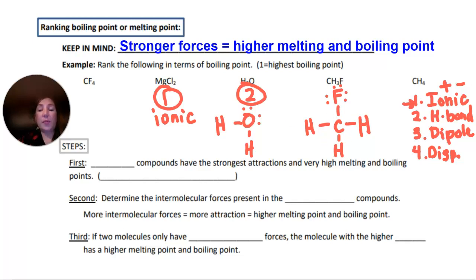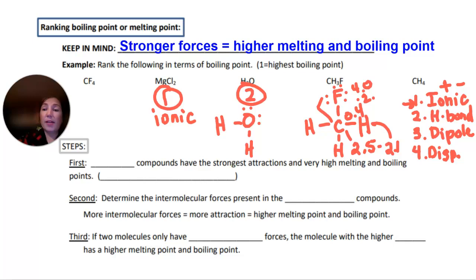Well, the C to H bond is not polar because you've got carbon at 2.5 minus hydrogen at 2.1. That's only a 0.4 difference. So if you've got a 0.4 difference, that's nonpolar. But the C to F bond is going to be polar. You can go ahead and check that. Fluorine is a 4, and carbon is a 2.5.